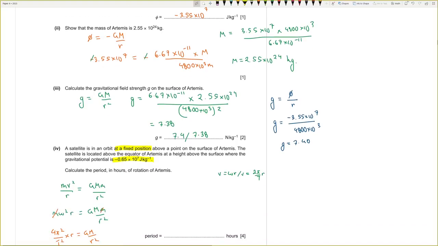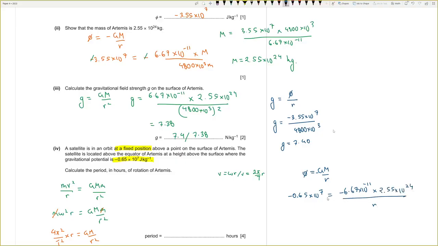For example, we can do this. We know that the value of GM is a constant, right? We know that phi is equal to minus GM by r. Can we not write that minus 0.65 times 10 to the power 7 is equal to minus 6.67 into 10 to the power minus 11 times the mass 2.55 times 10 to the power 24 divided by r?